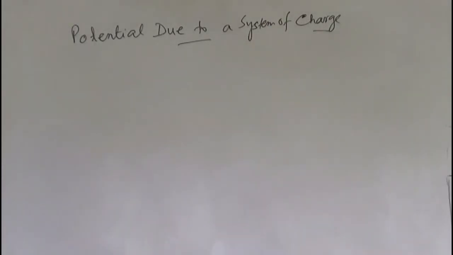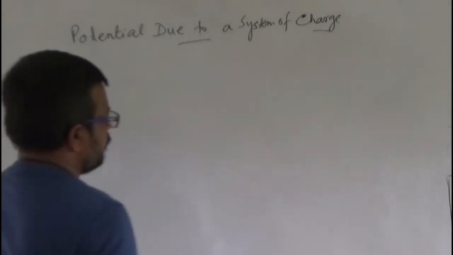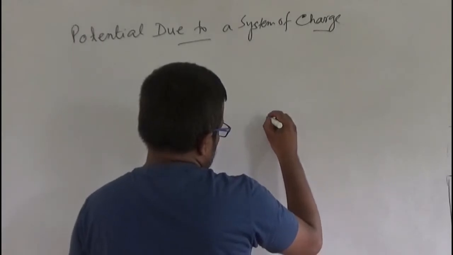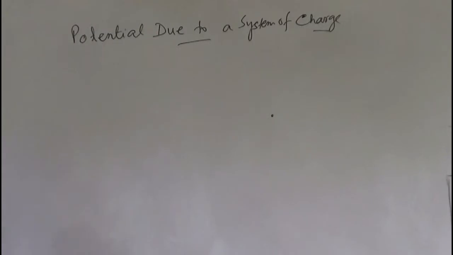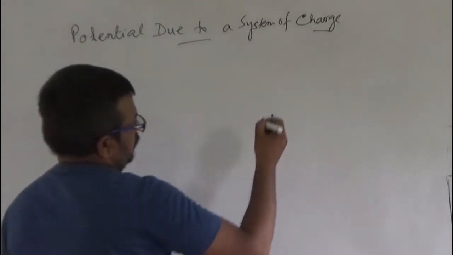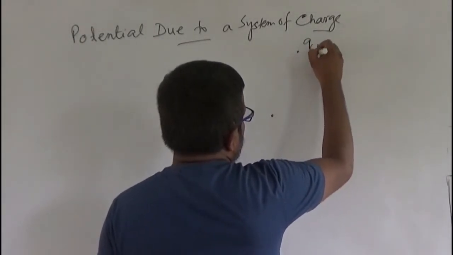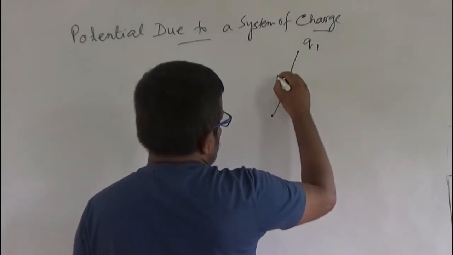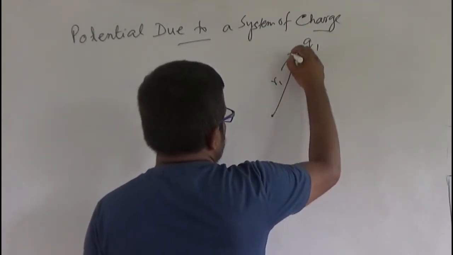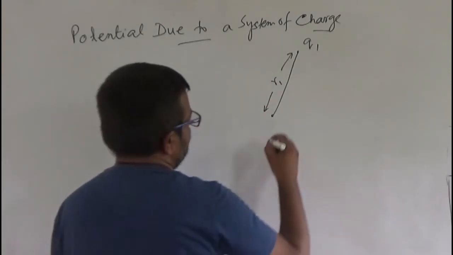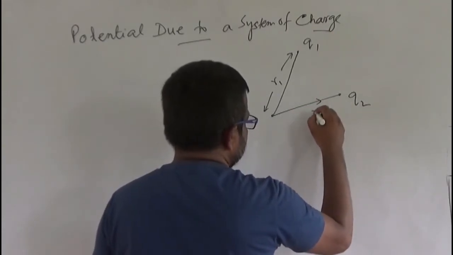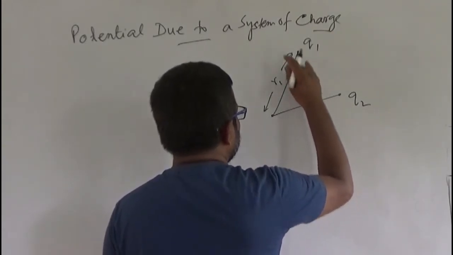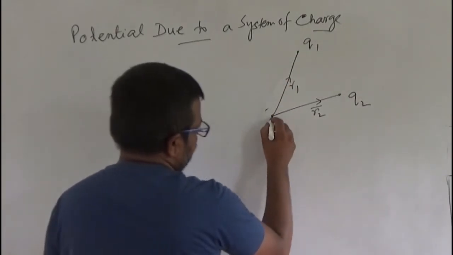Potential due to a system of charge. Let us consider a system of charge. That means charge Q1 is at R1, charge Q2 is at R2. This is R1 vector, this is R2 vector.